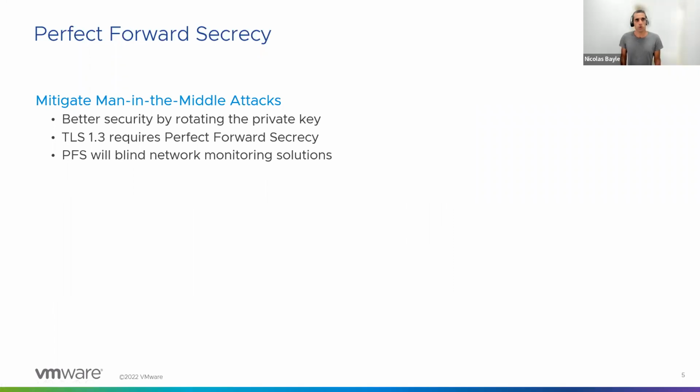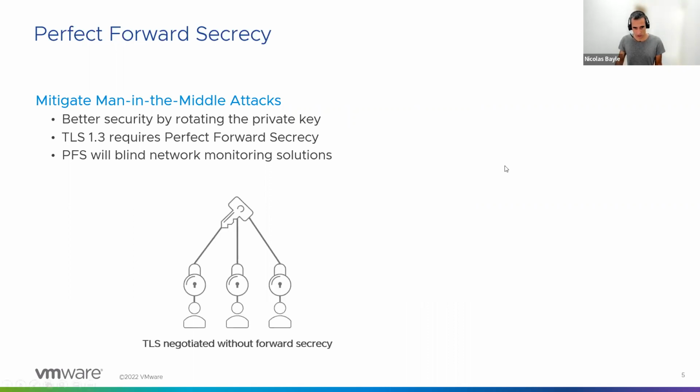So when you enable TLS, you need to select if you enable perfect forward secrecy or not. And just to illustrate the why of perfect forward secrecy, we have this scenario. You have different TLS sessions here between your client and your load balancer, and everything is based on a single private key here, right?